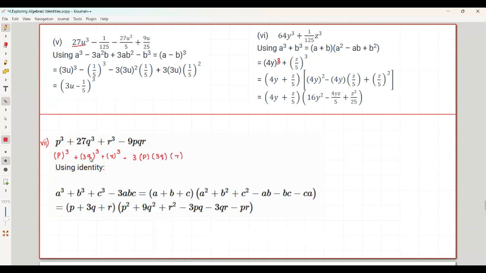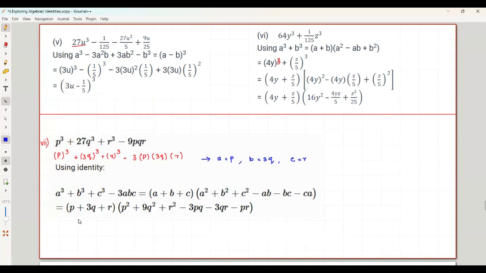So from this I can identify a is p, b is 3q, c is r. Just replace in the formula.